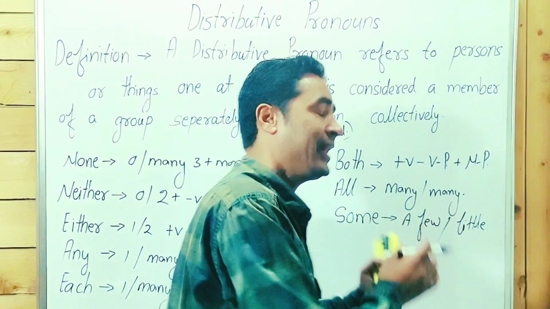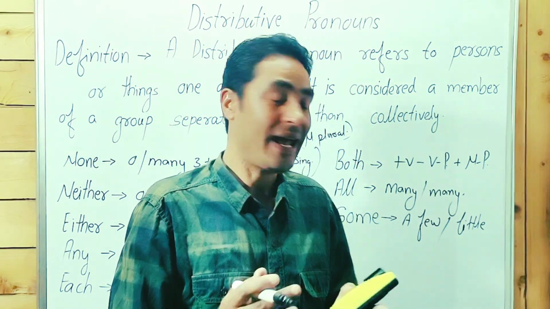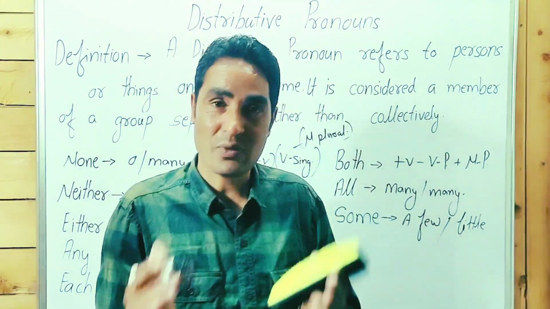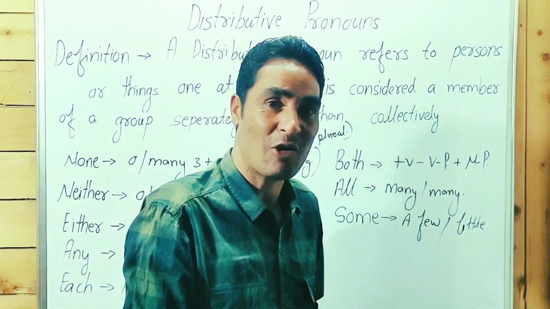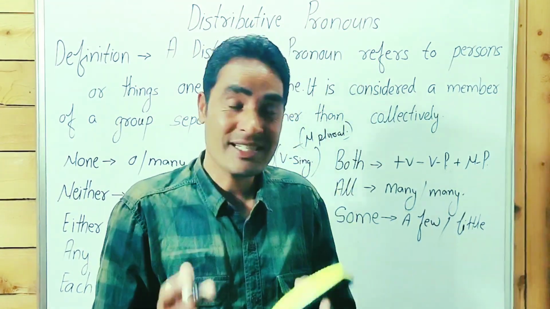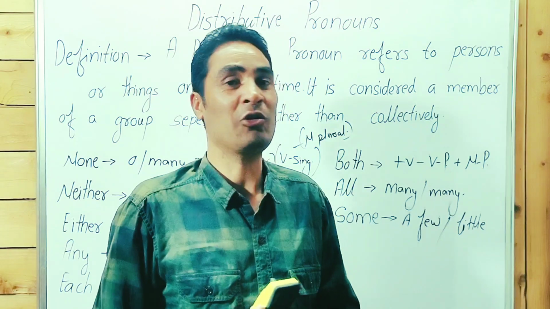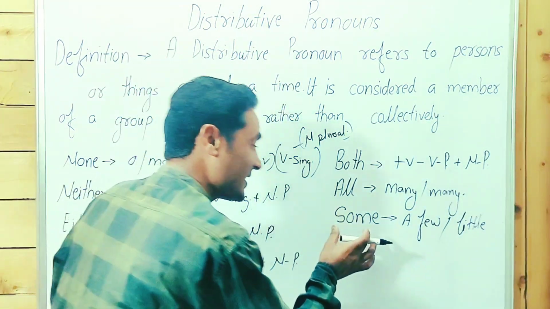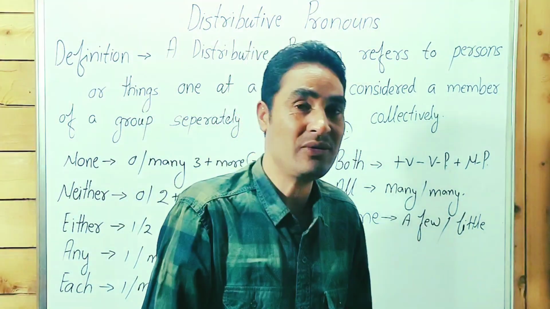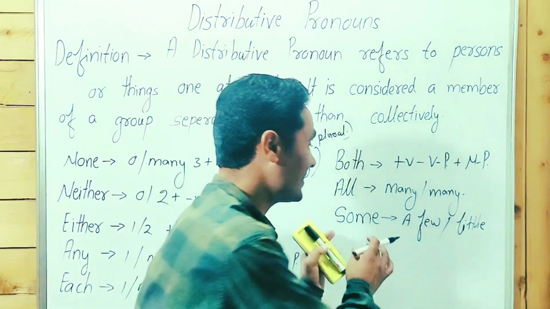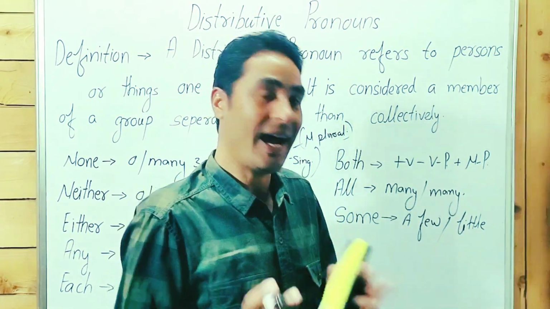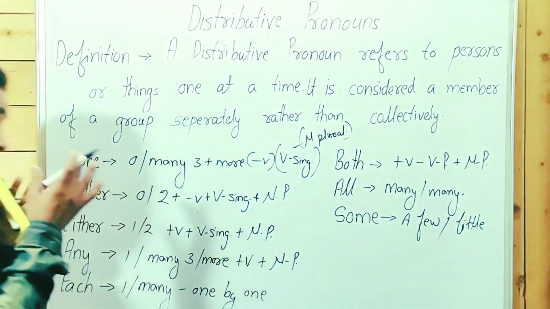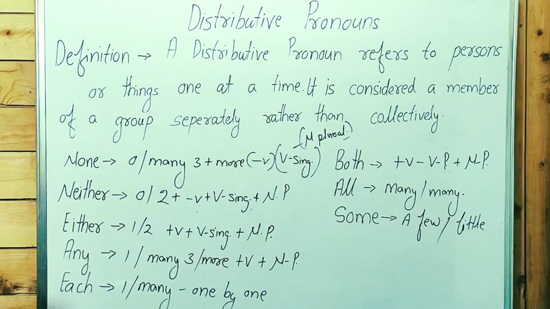As you know, many is used for countable nouns and few is used for countable nouns. A little is used for uncountable nouns, and much is also used for uncountable nouns. So here some stands for a few out of many. You can say some stands for a little out of much. I hope you understood. So these are indefinite pronouns, distributive pronouns.